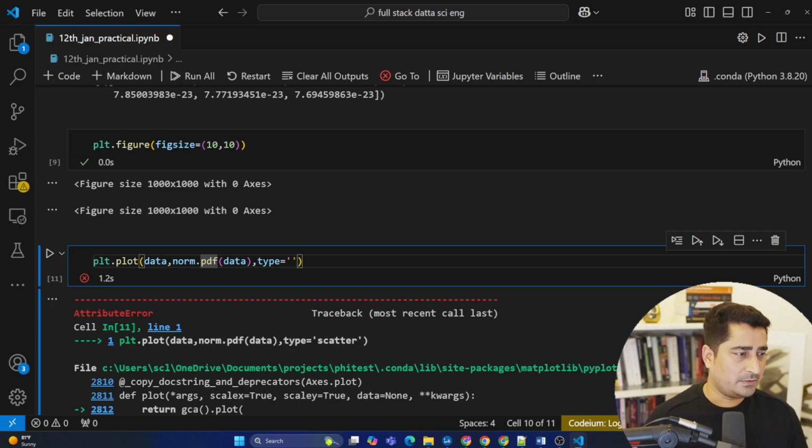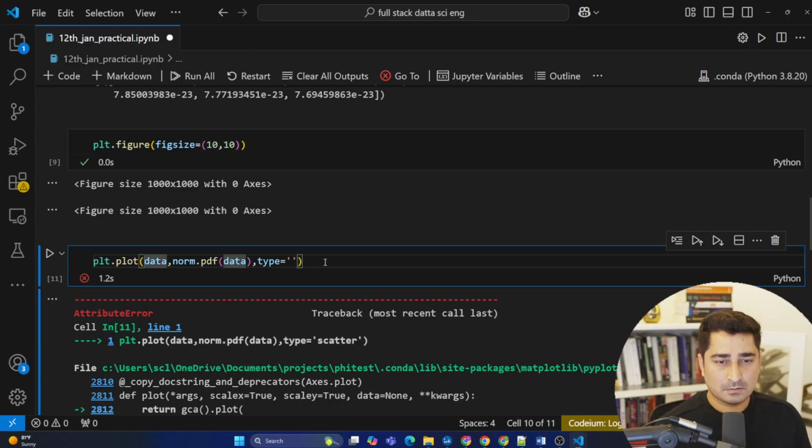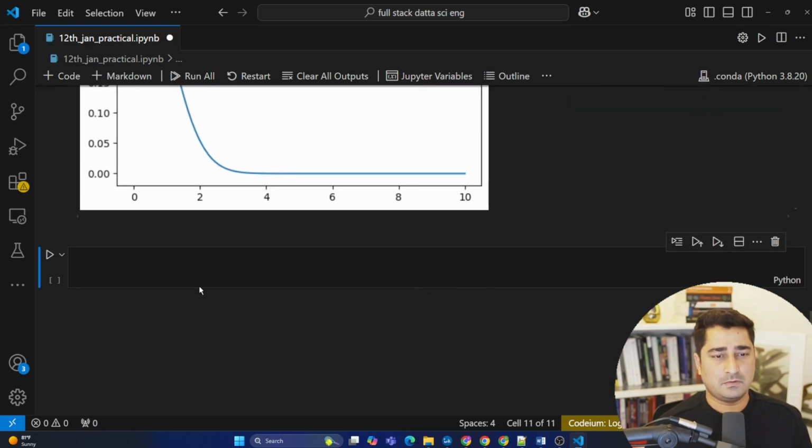Let me just check how I can do a scatter plot. So here maybe I can just remove this one. So this is one of the graphs.